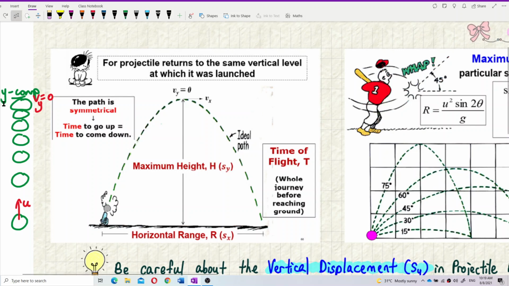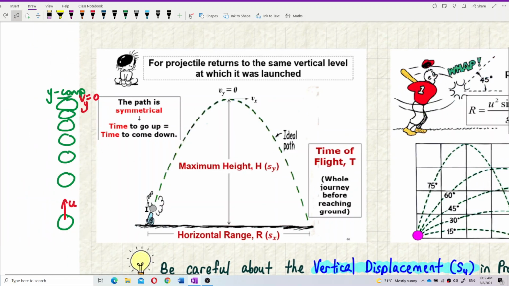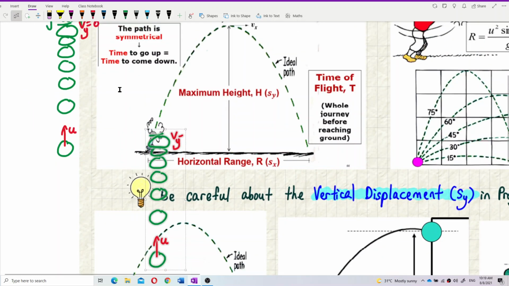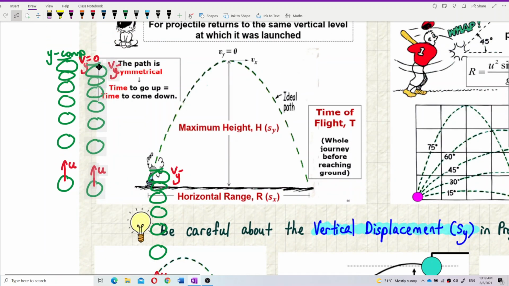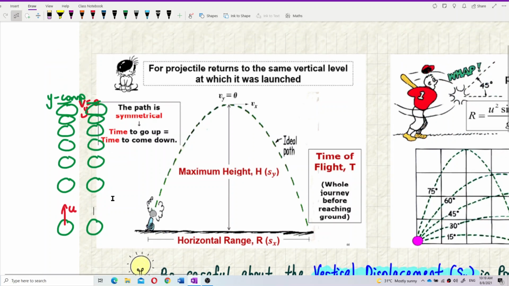I just want to copy the whole thing again. The same thing happens when it is coming down. When it comes down, here it becomes the final velocity v.